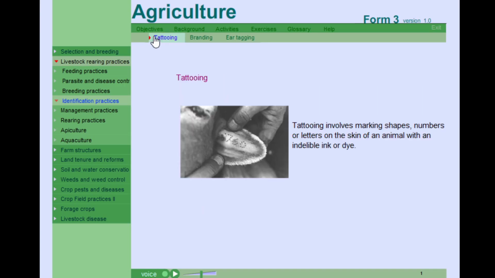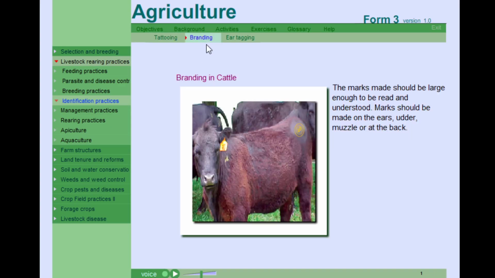Tattooing in pigs. Tattooing involves marking shapes, numbers, or letters on the skin of an animal with an indelible ink or dye. Branding.